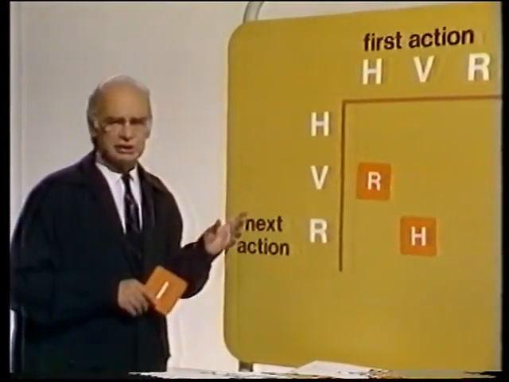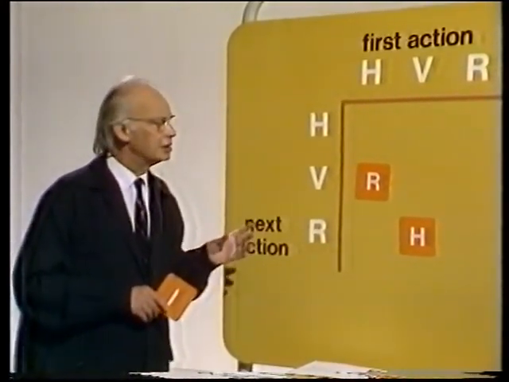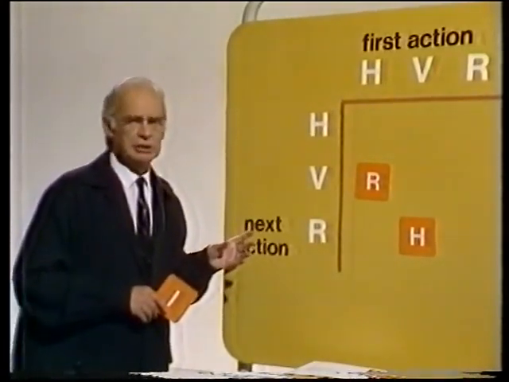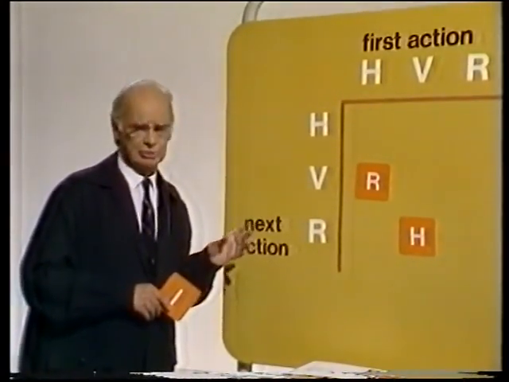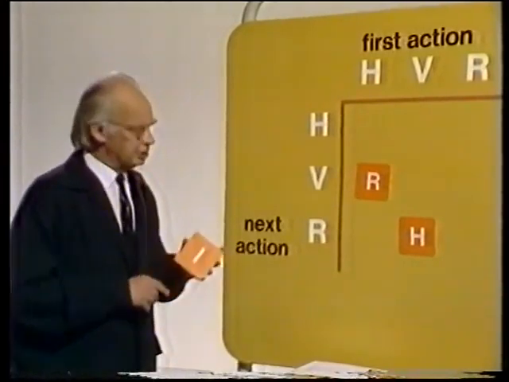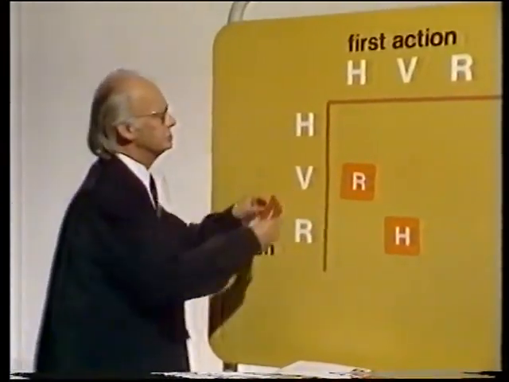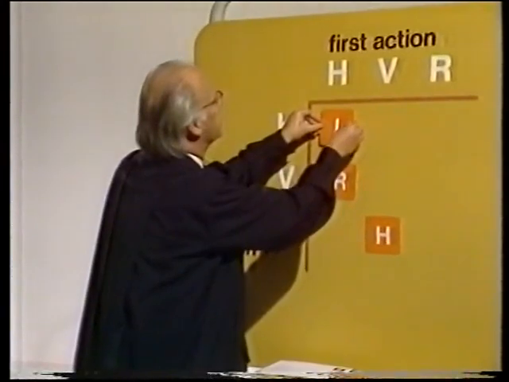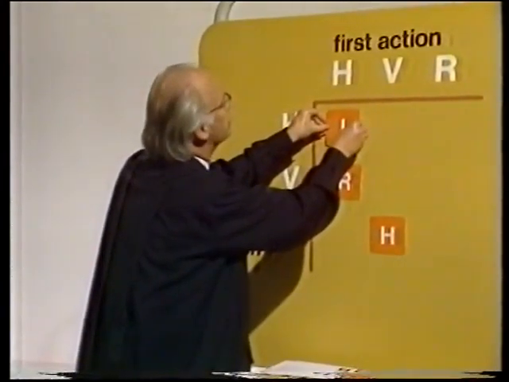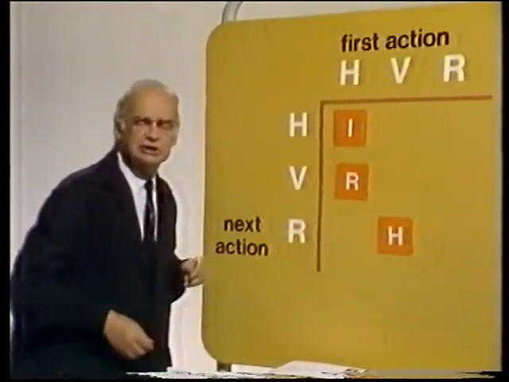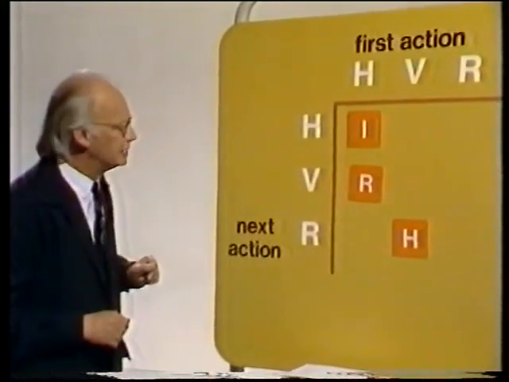I'm using capital letters here, so I'll use an I. You might remember the I for the identity matrix in multiplication. Here's my I, H then H is I, the identity, the action which leaves the object identically the same as it was before.